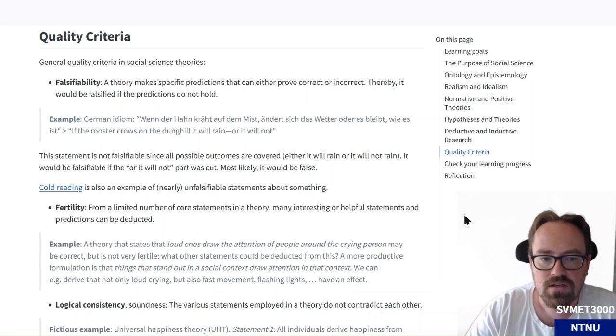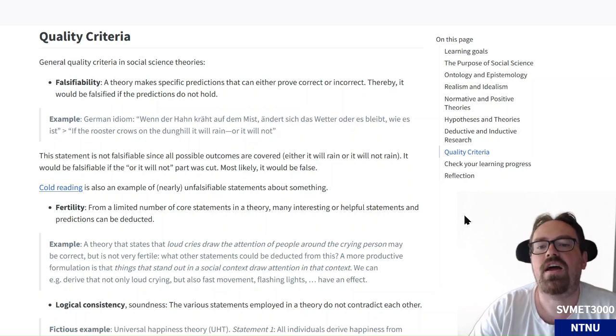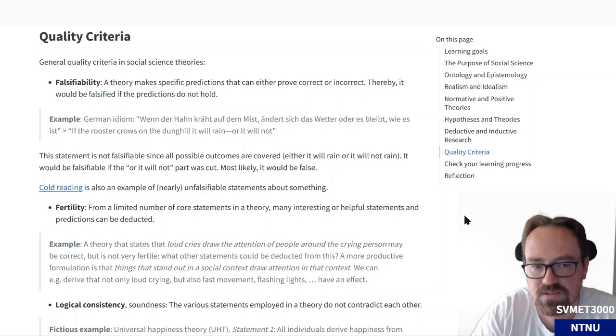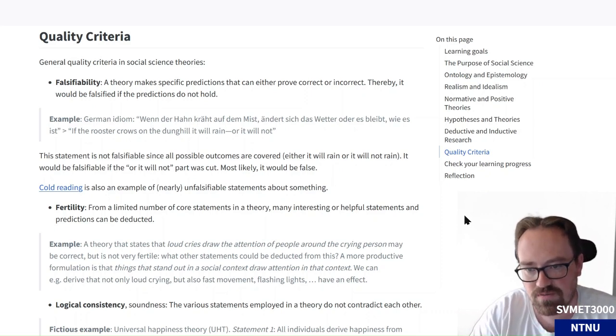First one has already been mentioned before: falsifiability. A theory that makes specific predictions and that can prove either correct or incorrect. A theory that protects itself against being proven incorrect by being unspecific, vague, or ambiguous is deficient.